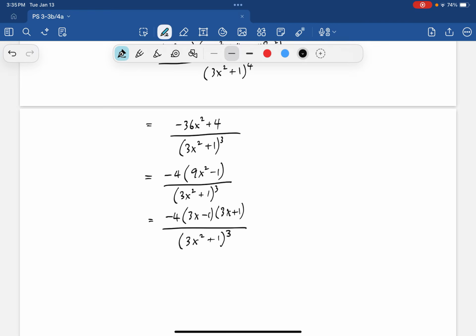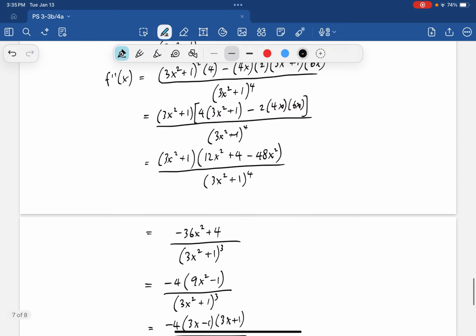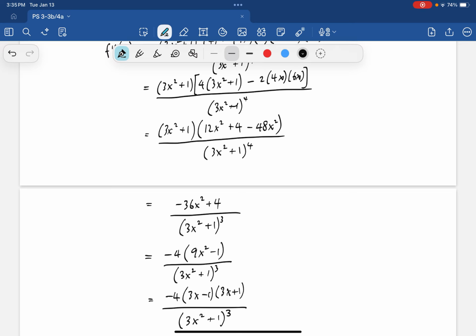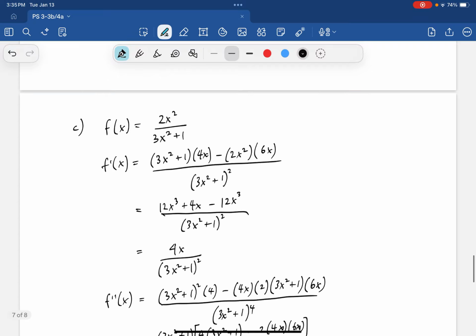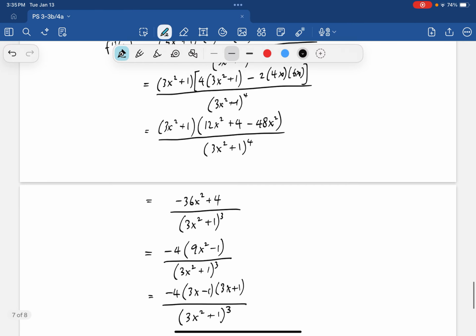Let me use a computer just to make sure that this answer is correct. Good, I'm right.